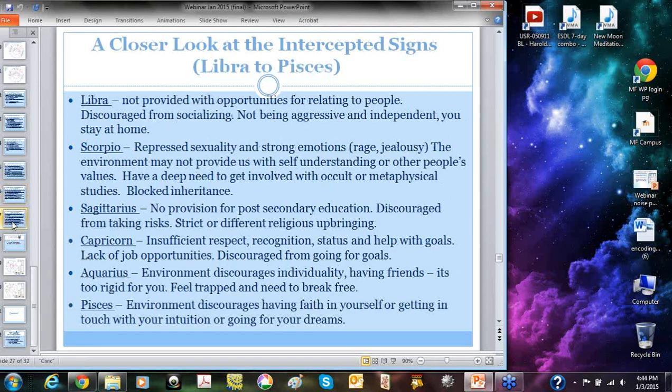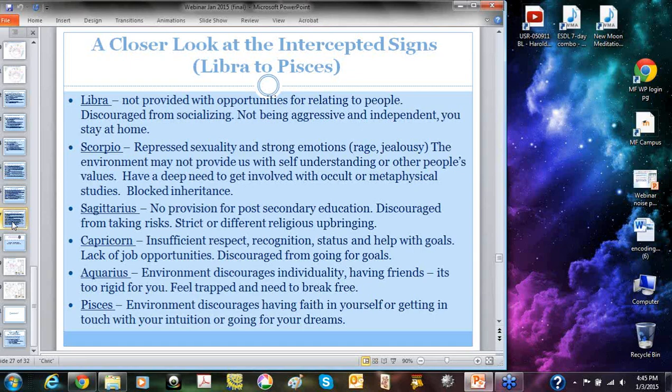And with Libra, the way in which we relate to others is inhibited. It's discouraged, whether it's not being sufficiently independent or sufficiently forward in the way in which you reach out to others to have that relationship. In Scorpio, whether it's suppressed sexuality or those strong emotions, the environment is not allowed to be its normal way.